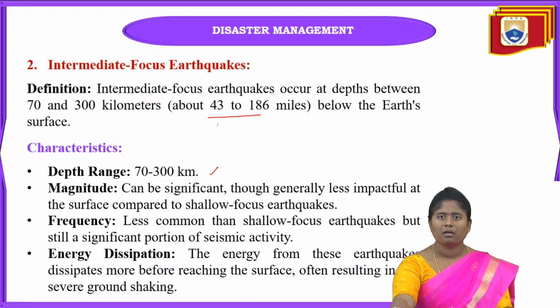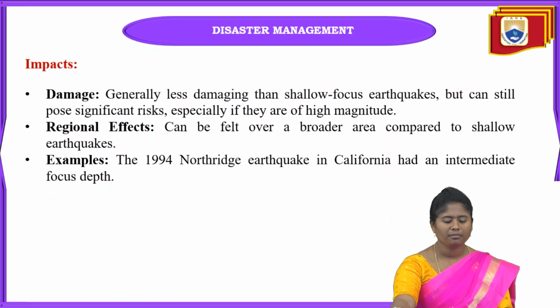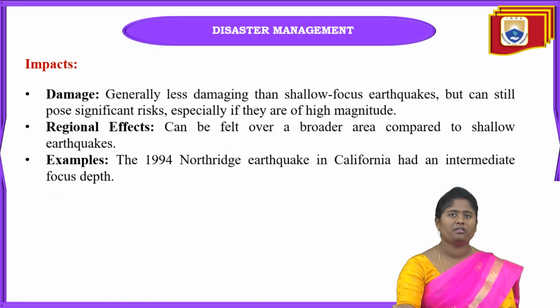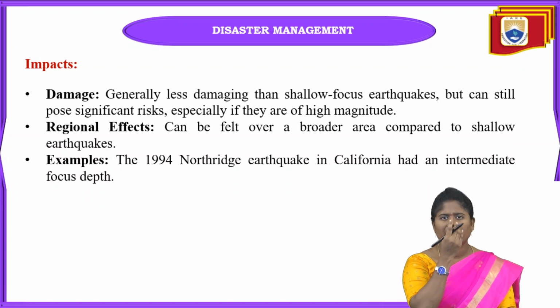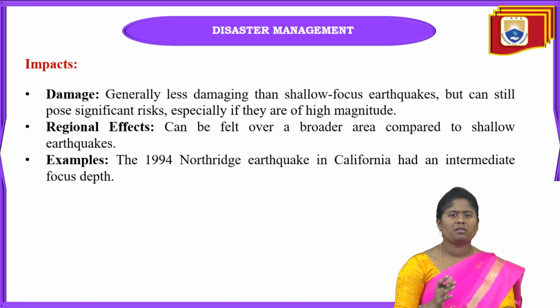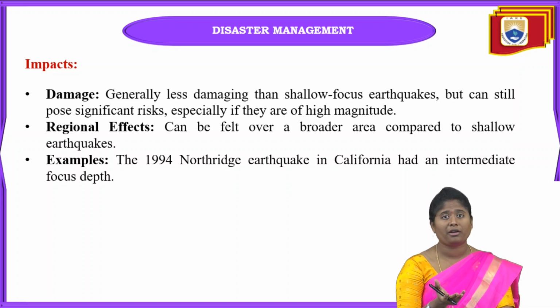And what is the main damage of this earthquake? This one causes somewhat less damage than shallow focus earthquakes, but in some areas this type of earthquake can occur at high magnitude also. So this can still pose some significant risk here.